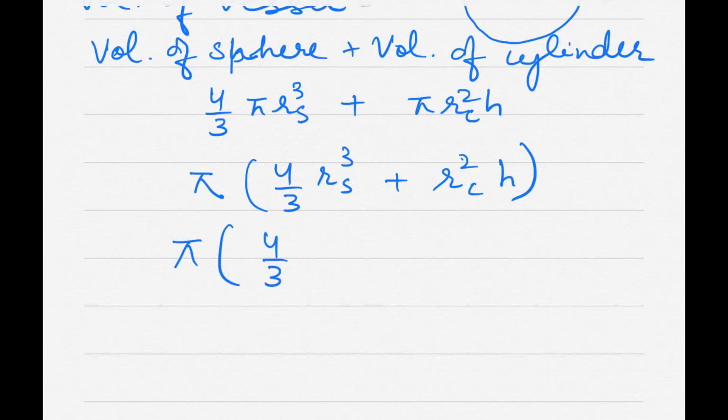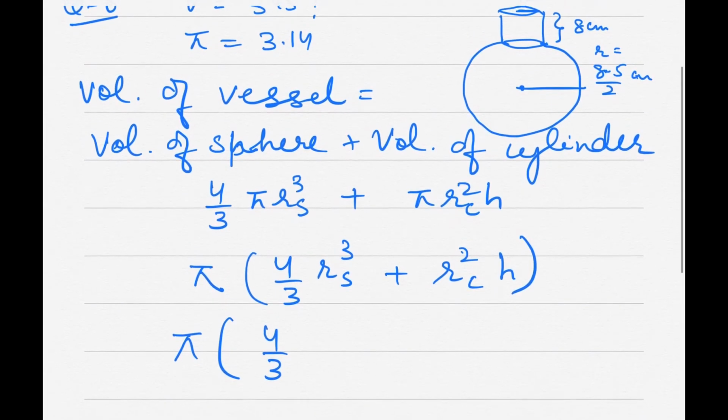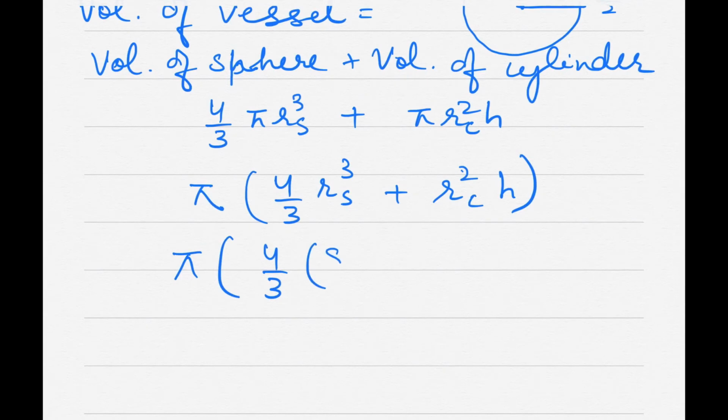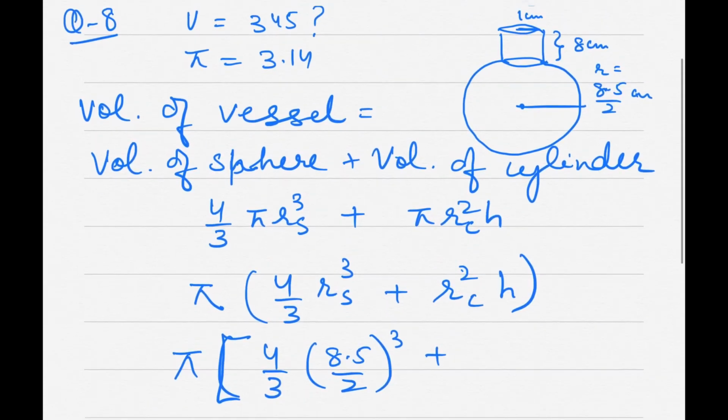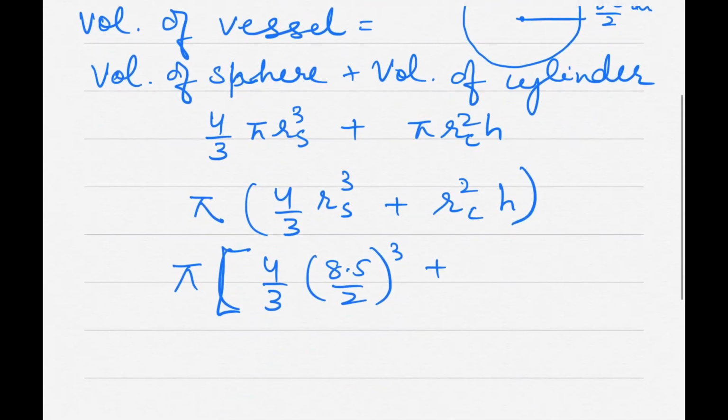So pi I'll just keep it like that. Then 4 by 3 radius of sphere is 8.5 by 2, 8.5 by 2 whole cube. This I can make it a box bracket, plus radius of cylinder is equal to 1 centimeter.